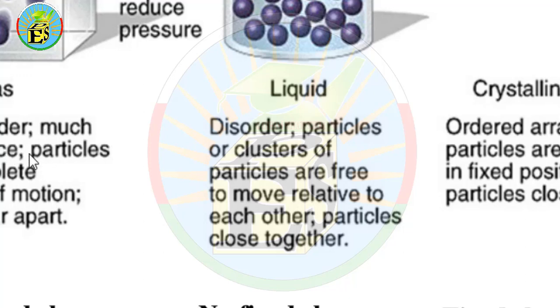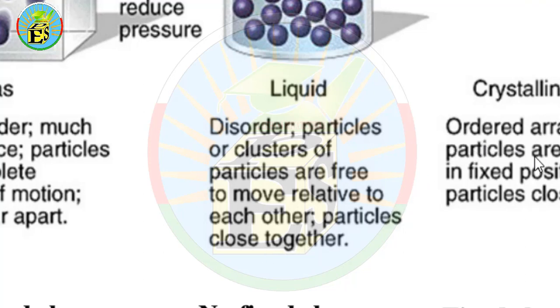Gas: total disorder, much empty space. Particles have complete freedom of motion and are far apart. Liquid: disordered particles or clusters of particles are free to move relative to each other, particles close together.